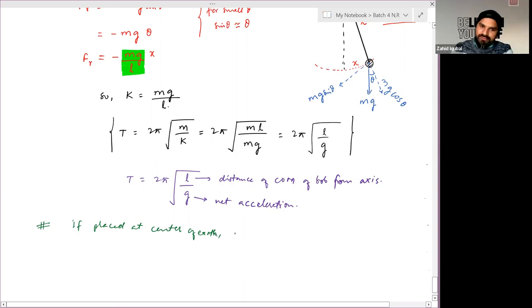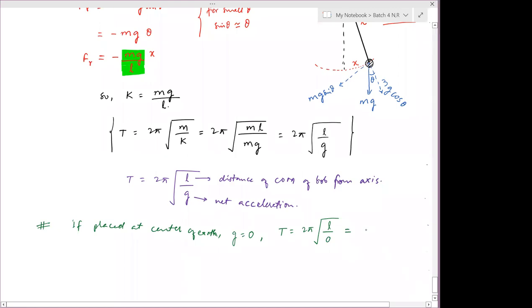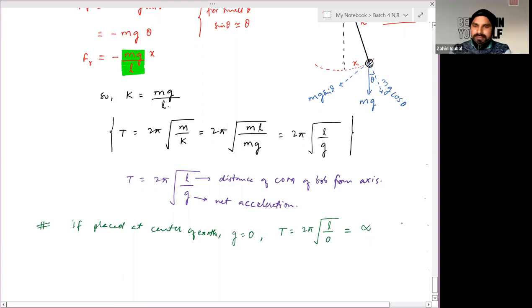So if the acceleration of gravity at the center is 0, and you put it in this expression, T equals 2 pi root under L by 0. Any number divided by 0 is infinity. Good. So the time period becomes infinite. It means the pendulum will behave as if it is at rest. There will be no motion in it.